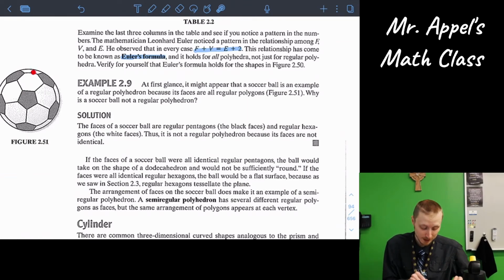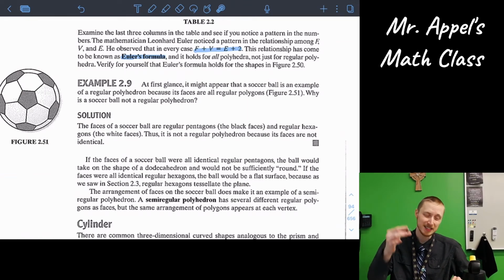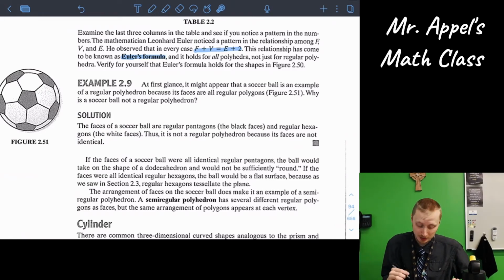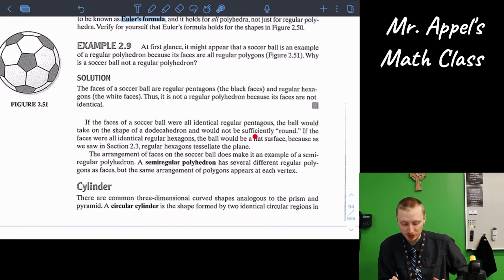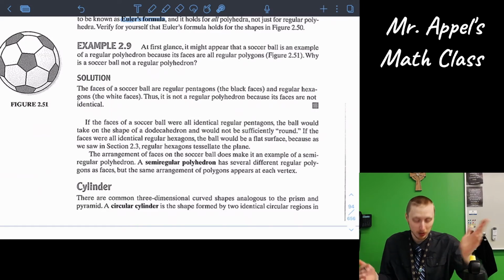Okay. Interesting point of fact, the soccer ball design here is in fact exactly identical to the buckyball that we looked at the end of the previous section. If the faces of a soccer ball were all identical regular pentagons, the ball would take on the shape of a dodecahedron. It would not be sufficiently round enough to roll like a ball.